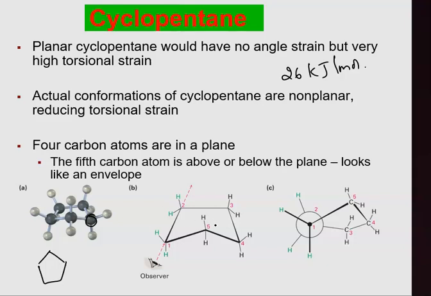It's almost like an envelope, and most of the hydrogen atoms are now staggered and not eclipsed, resulting in a little more stable structure of cyclopentane. But it still has some torsional strain, and that combined gives you the 26 kilojoules per mole.